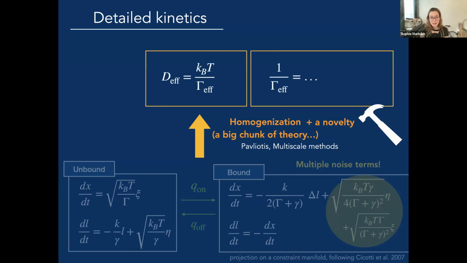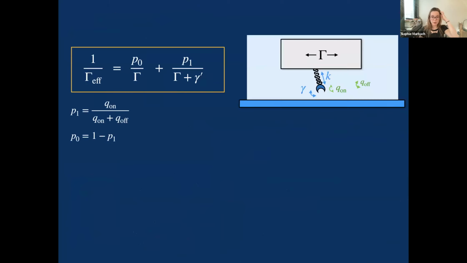We obtain an overall motion, that is, the overall diffusion coefficient of our particles, that is also given by an Einstein law, kT over an effective friction coefficient. I give you the effective friction coefficient, which for just one leg is written in the following way. It's a sum of two terms.